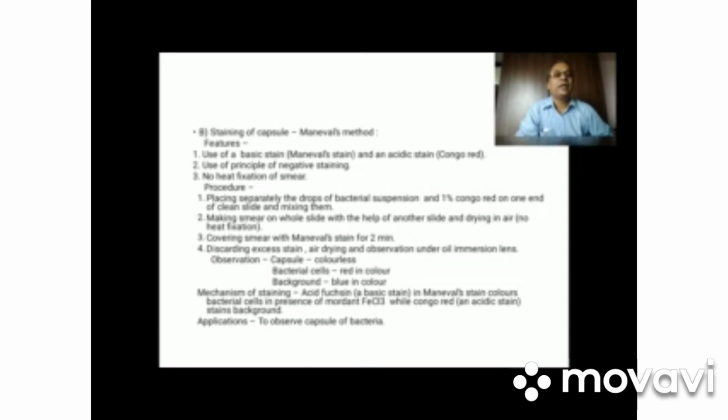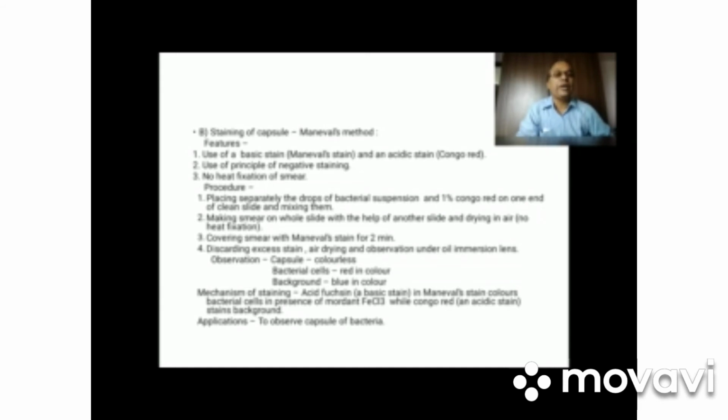We'll see what the observation is. We'll find that the capsule that we are going to demonstrate is colorless. Cells are red in color while the background is blue in color. Let's discuss the mechanism of why these different colors are observed. The procedure uses a basic stain, acid fuchsin, which colors the bacterial cells in the presence of a mordant called ferric chloride.